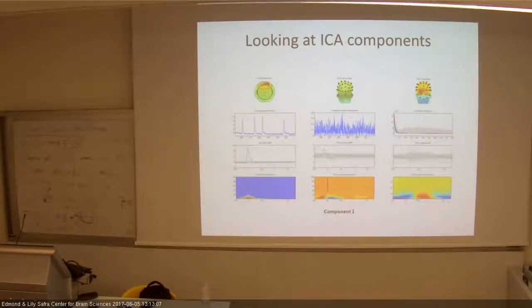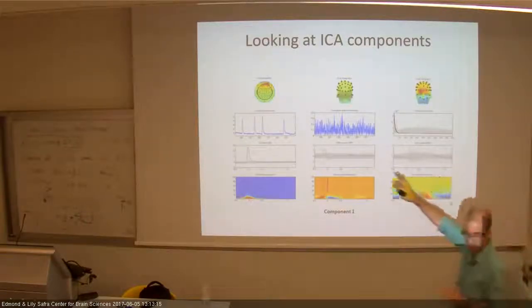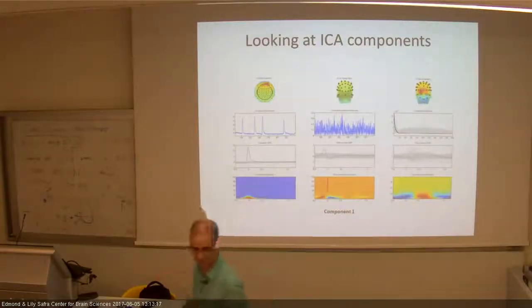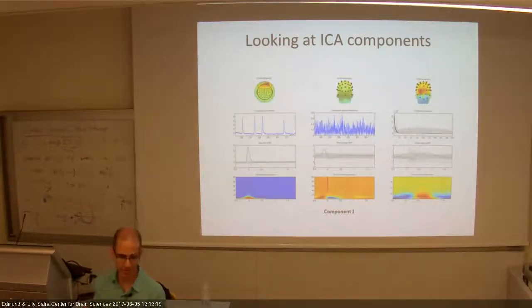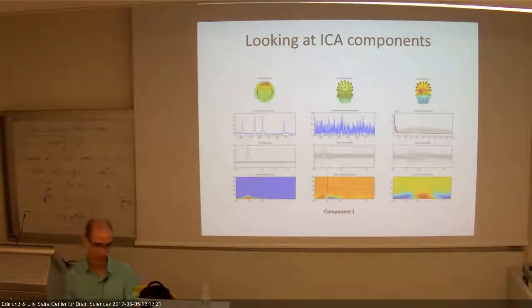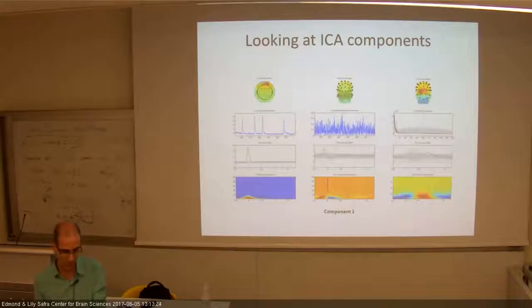I missed, are the components the electrodes or the different... No, a component is a topography. Across all electrodes, it's a topography which may vary in intensity over time. Think about it as a source in the brain, which can be active or not active, and because of its orientation and location in the brain, this source has some projection on the skull.